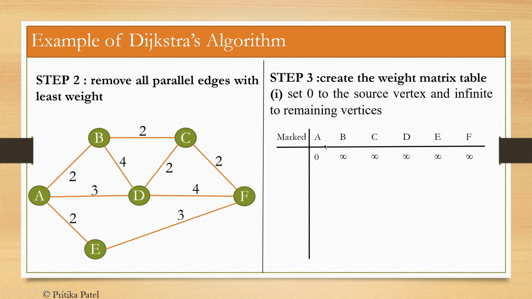In this we write all vertices, that is A, B, C, D, E, F, and we create one column for the marked vertex. Initially we set 0 to the source vertex. Here we take A as the source vertex, so we set A as 0 and all the remaining vertices are set to infinite.